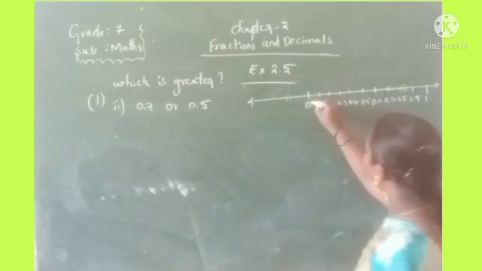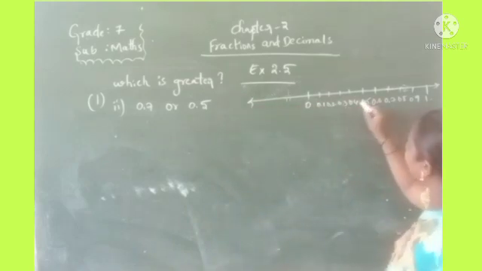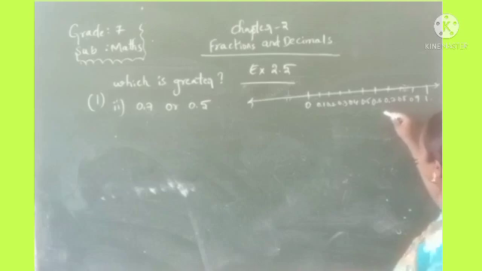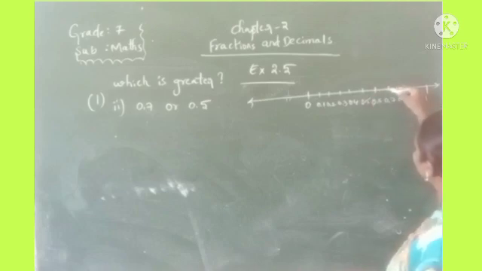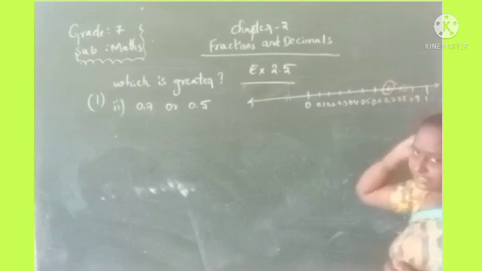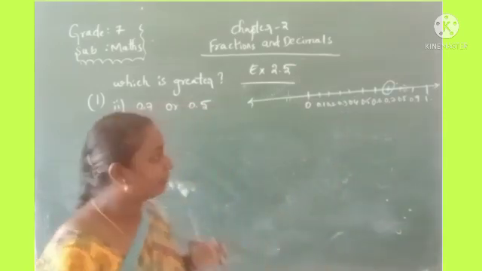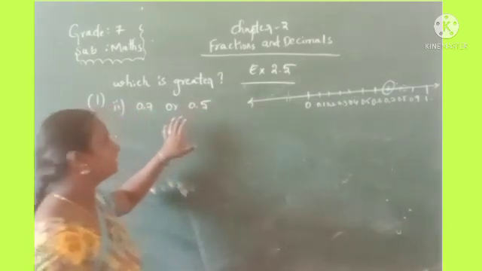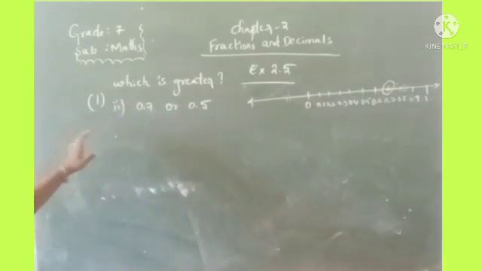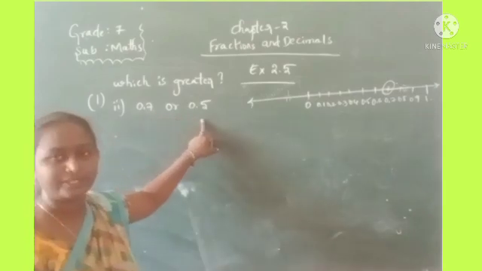Here see 0.7, 0.5. Which one is greater? 0.5 comes before 0.7. That means 0.7 is greater. So by using the number line we can say directly that 0.7 is greater than 0.5.